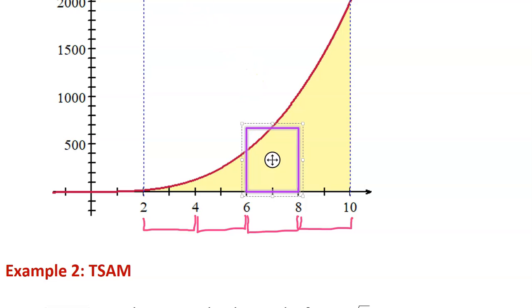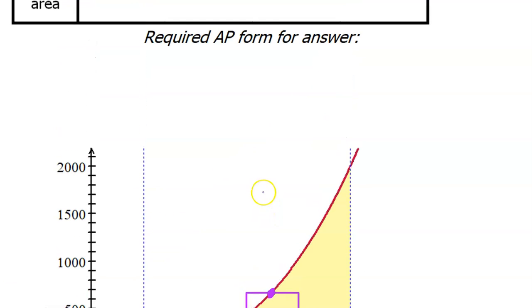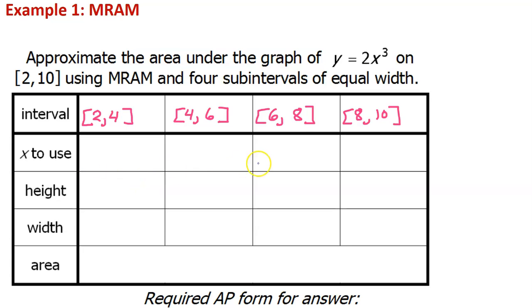Right about there. So this is the midpoint right here. So notice that the midpoint is at an x value of 7. So that's the x value to use. Similarly, between 2 and 4, the midpoint will be 3. Between 4 and 6, that's 5. Between 8 and 10, that's 9.